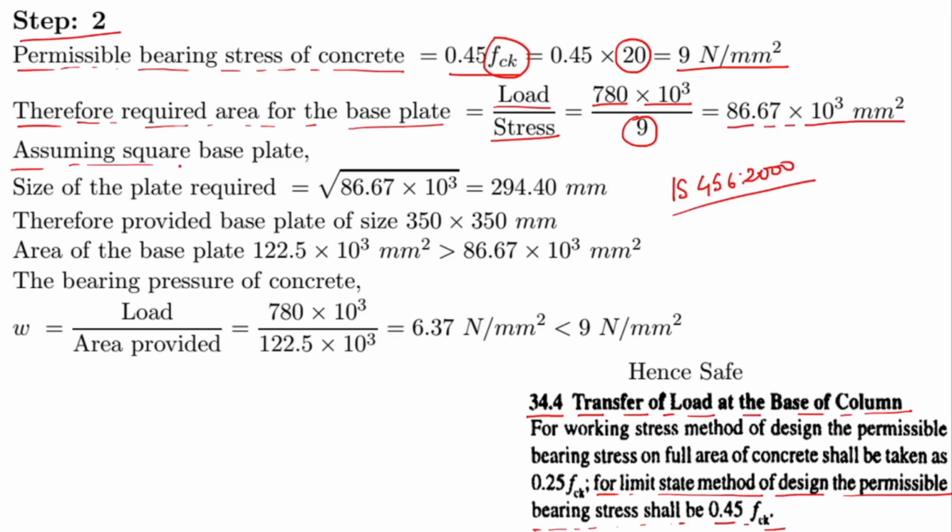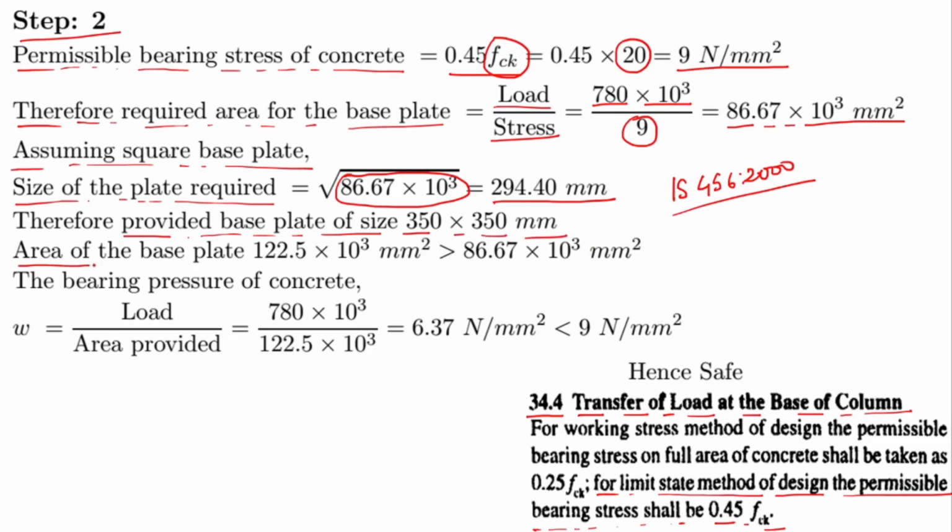Assuming square base plate, I have taken the square root of the total cross sectional area required for the base plate, as I am going to provide square size of base plate, and the size of the base plate required is calculated as 294.40. Therefore, provided base plate of size 350 into 350 mm.